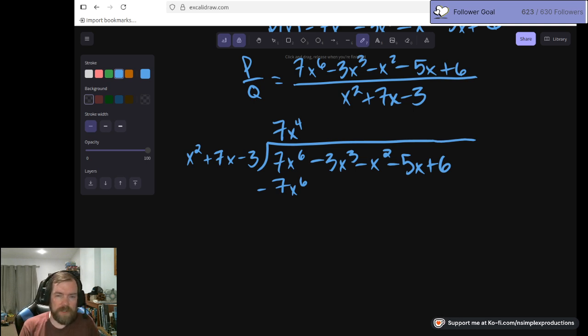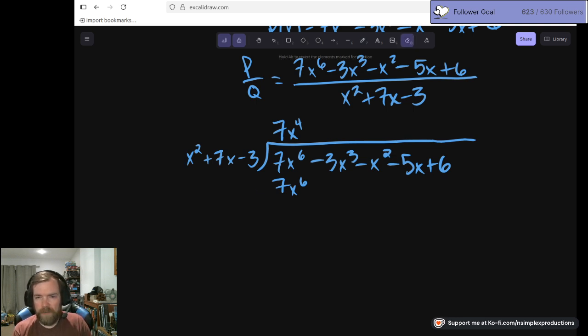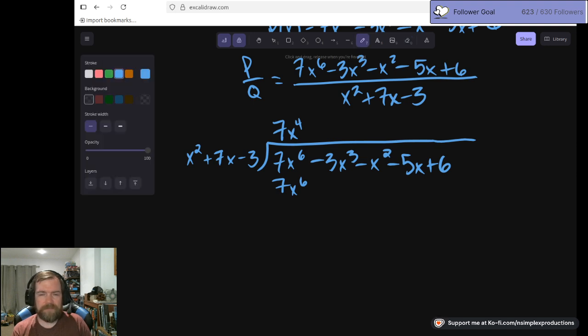So now this is 7x to the fourth times the whole divisor. So we want to multiply 7x to the fourth times 7x. This is going to be a positive 49x to the fifth.